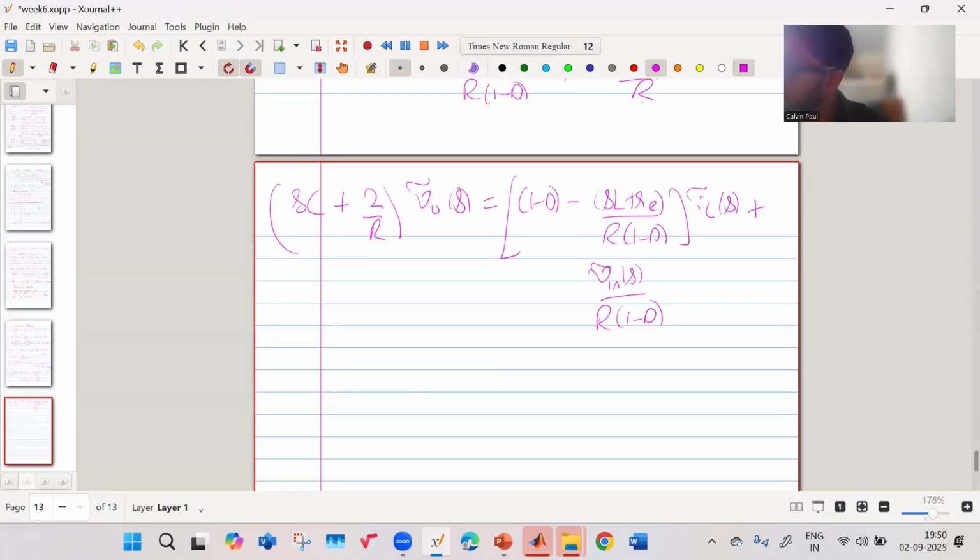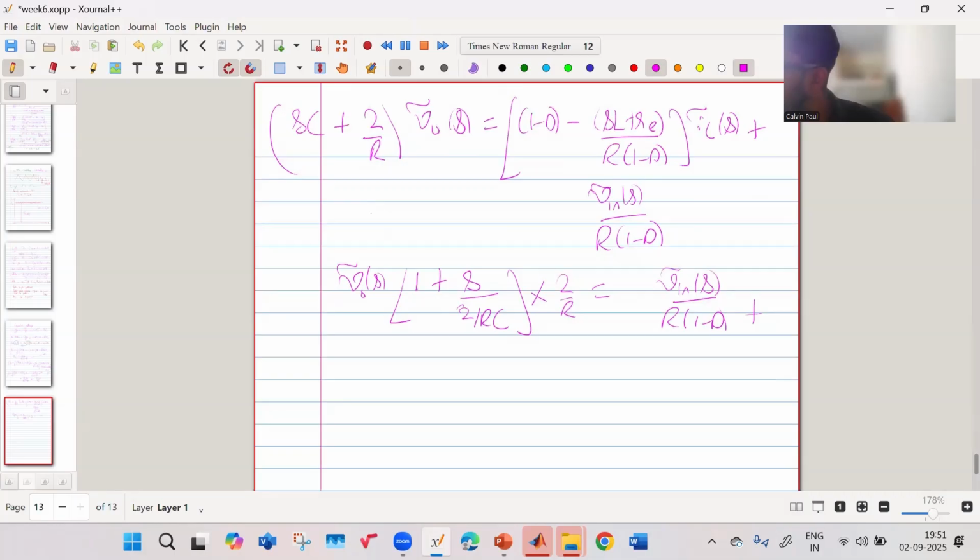So we can write it down as V output per turb of S into 1 plus S by 2 upon RC into, this is actually your R by 2, sorry, into 2 by R. That is equal to your V in per turb of S, R 1 minus D plus this.